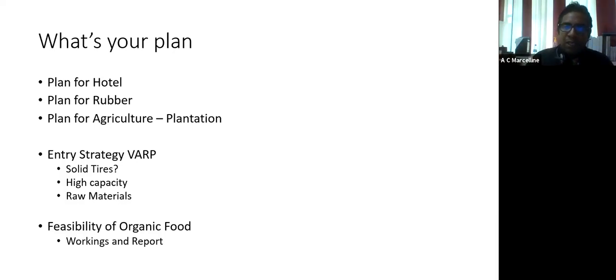Number two, plantation. Now they're talking about going into organic food. They indicated something in your pre-seed, so you would have had enough information. Whether the organic food market in Sri Lanka is fulfilled, I don't think so, because of price differences.